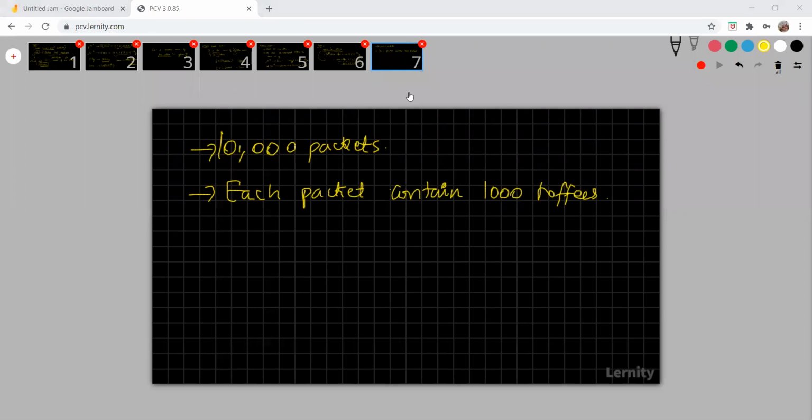Someone has raised hands. Who raised hands? Aishwarya. I'm unmuting Aishwarya. Tell me. Okay, fine. So each packet contains 1,000 toffees, correct?